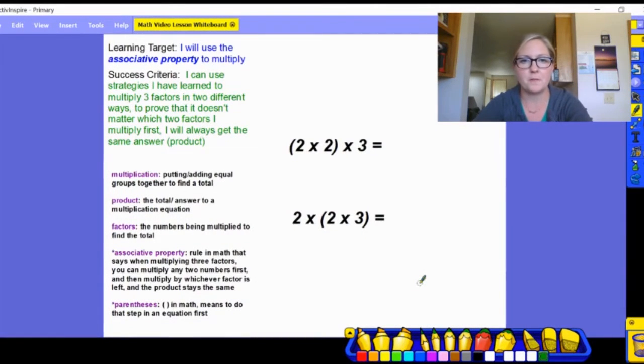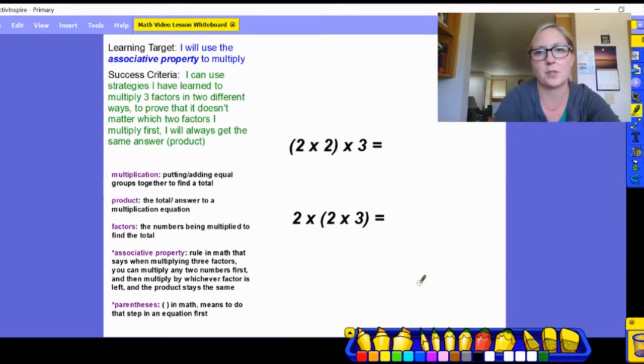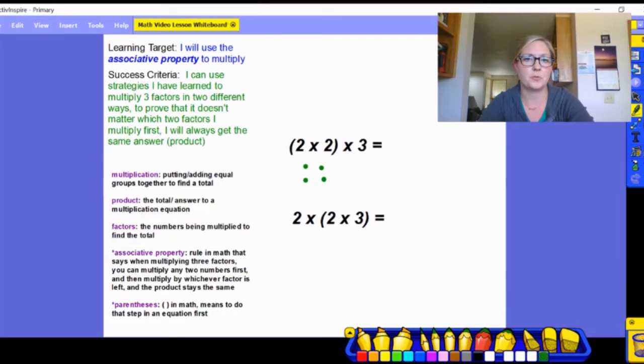So before we move on from this equation that we used as an example and looked at how we can group the toothpicks in 2 different ways, I just wanted to also show what our arrays could look like to show how we could group these factors differently. So in the top one, here's an array to show 2 groups of 2, 2 rows of 2.